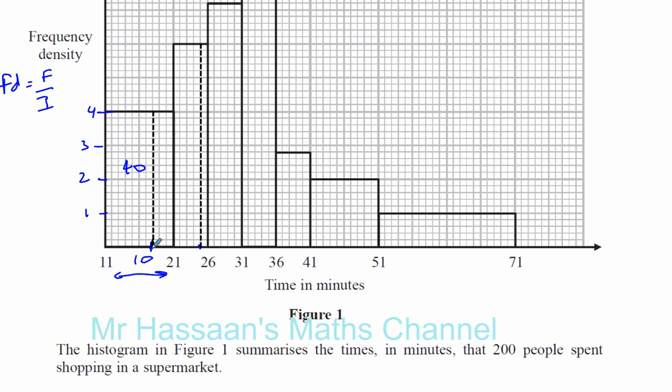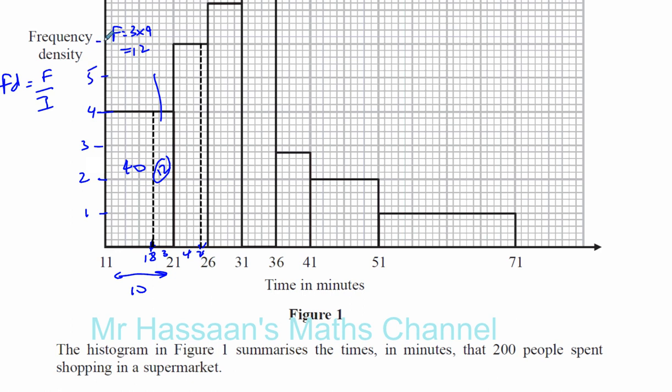Okay, let me get rid of this 10, that was for the width before. I'm going to get confused. 10 is the width of this bar, but that number there is 18. So from 18 to 21, that width is 3, and the frequency density is 4. So the frequency for this section is going to be 3 times 4, which is 12. And here the width is from 21 to 25, which is 4, times the frequency density, which goes up to 6.